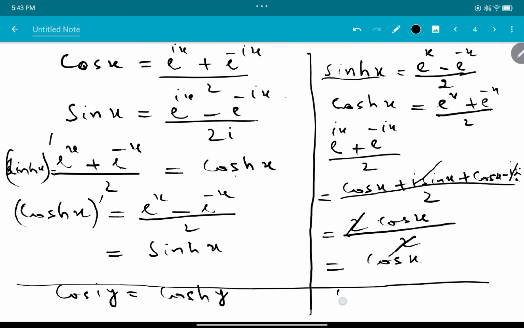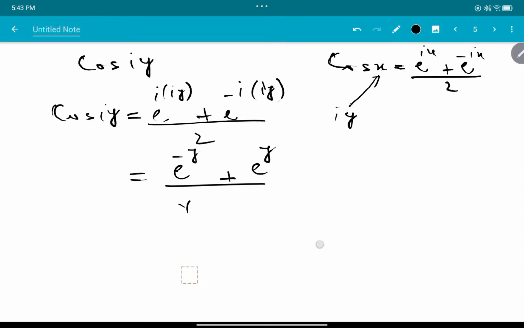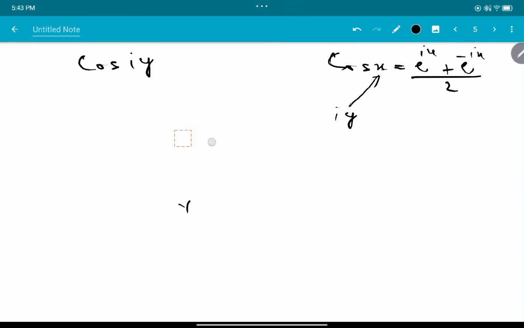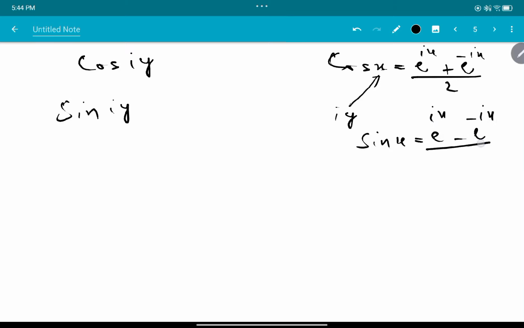What about sine? Let us see. Sine iy is equal to... I know that sine x is equal to e raised to ix minus e raised to minus ix divided by 2i.